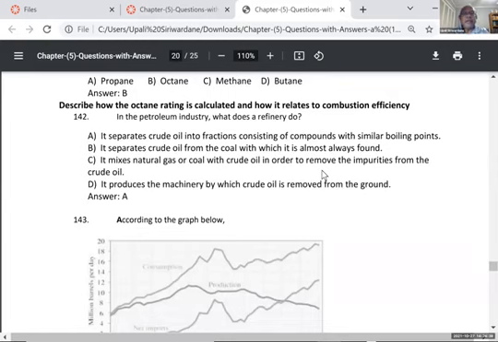Describe the octane rating and how it relates to combustion efficiency. A refinery separates crude oil into fractions according to boiling point. In the petroleum industry, what does a refinery do? It separates crude oil into fractions.